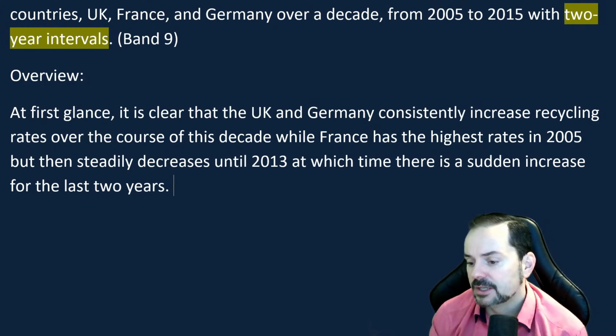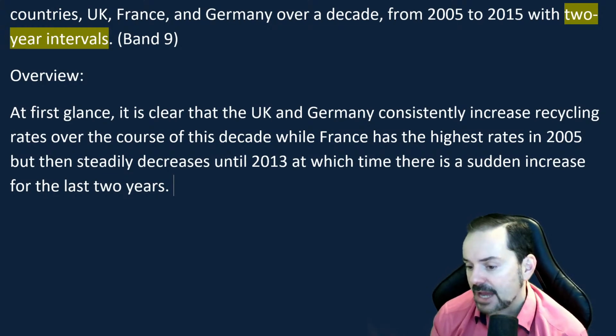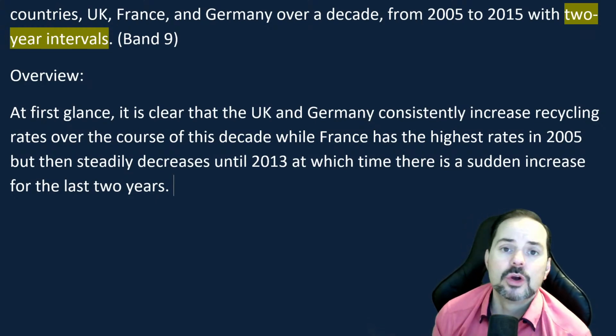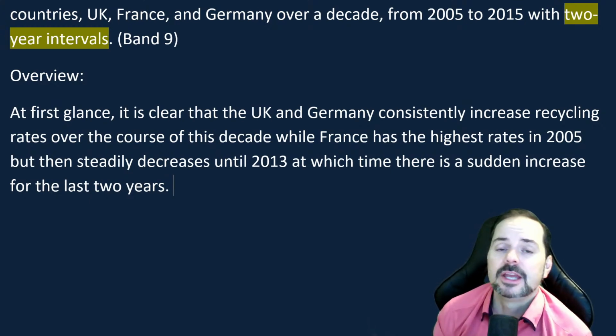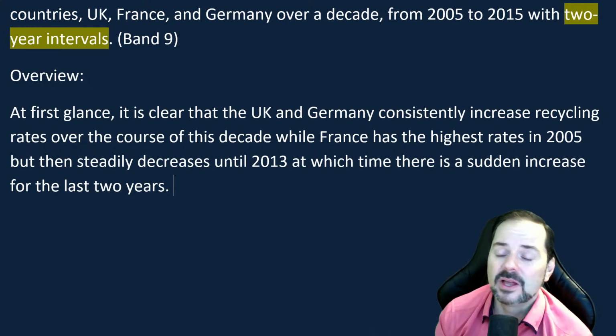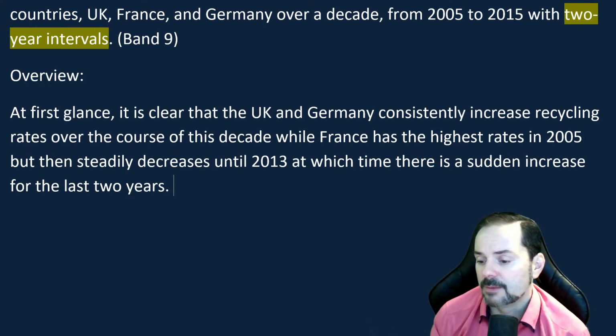But France goes down in recycling rates until 2013, and then it increases. Don't just use going up, going down. That's quite simple language. You want to use increase, decrease, decline, incline. So there are lots of synonyms for going up, going down.